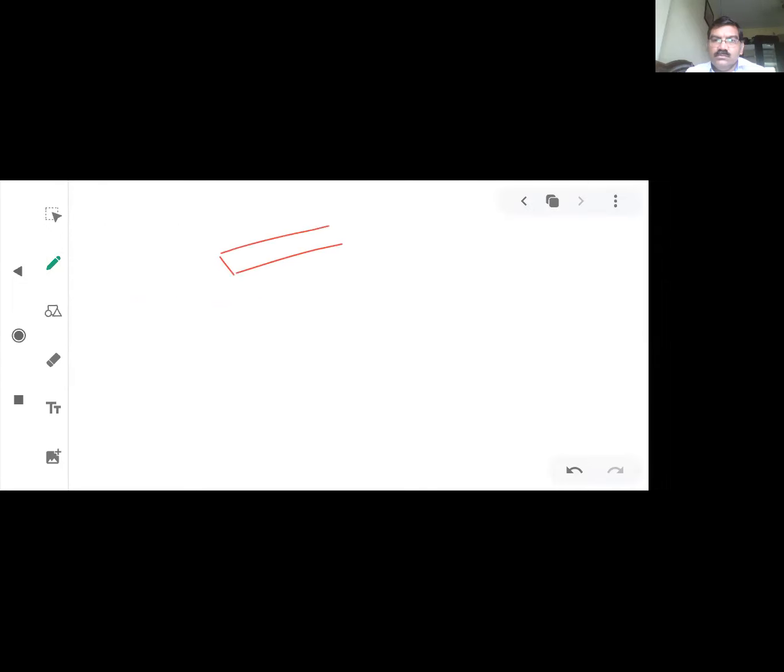Strip like this, and I said that, okay, two strips, top and bottom, right? And I said that these two strips, they are shorted on each side. Okay, like this.